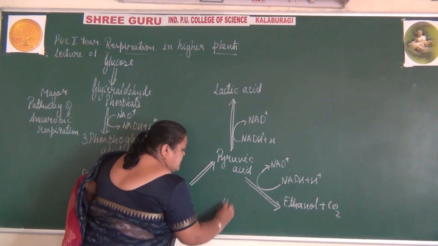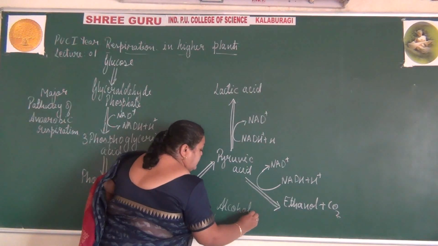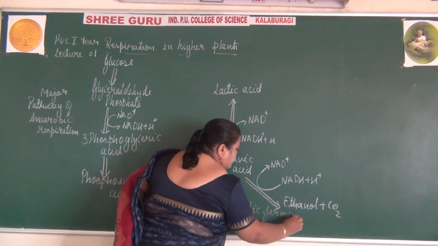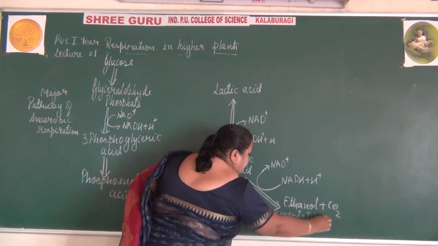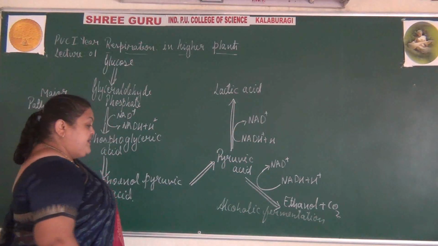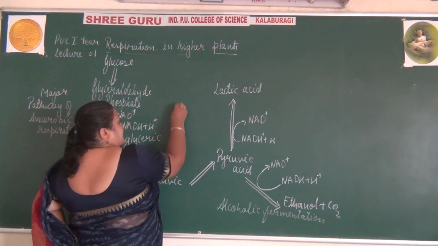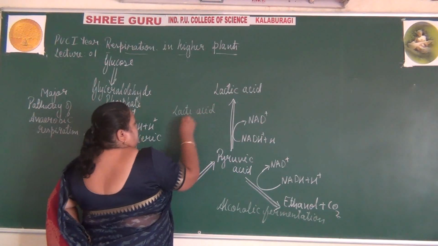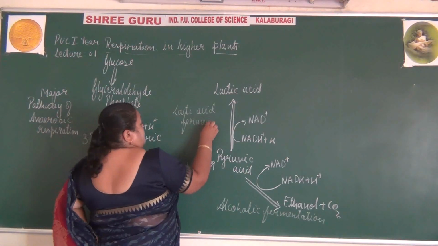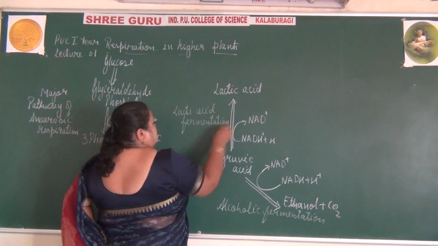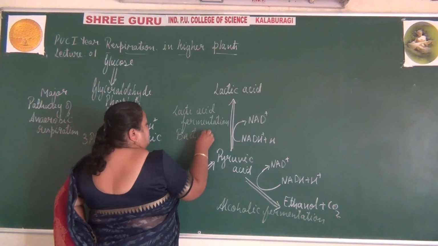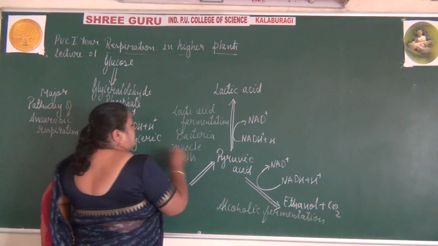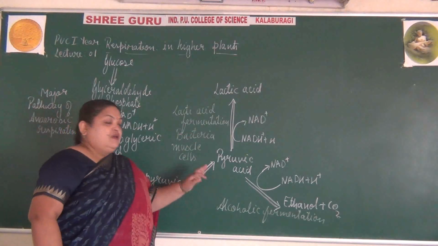This process is alcoholic fermentation, where there is formation of ethyl alcohol with the release of carbon dioxide, while this process is lactic acid fermentation, by the bacteria or the muscle cells, to form lactic acid.